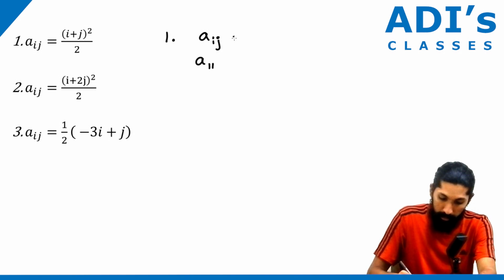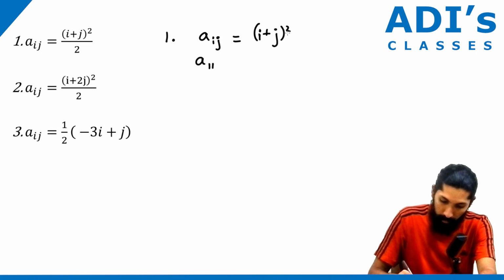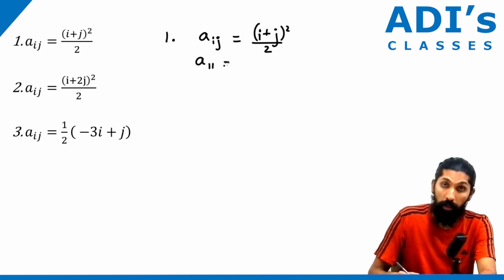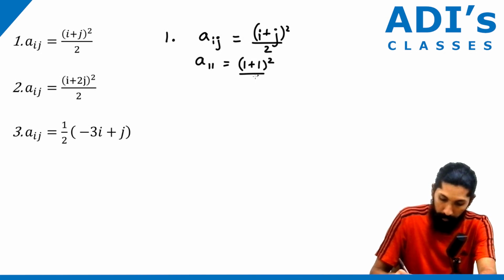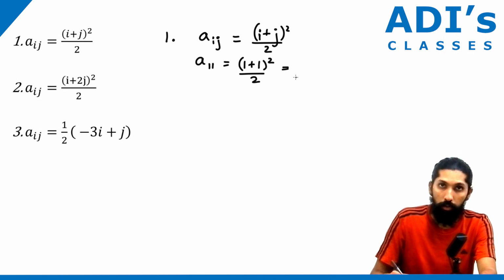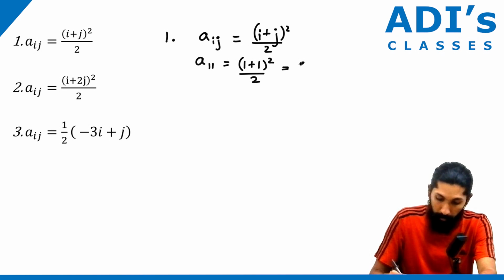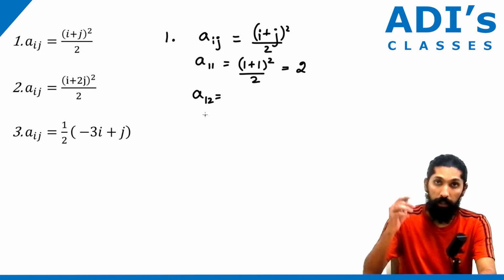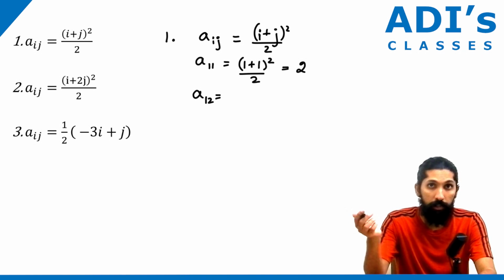Because aij is what? (i plus j) whole square divided by 2. So A11 will become (1 plus 1) whole square divided by 2, 2 square by 2, which gives you a value of 2. Same thing, A12. Like this, we have to do for all the elements.